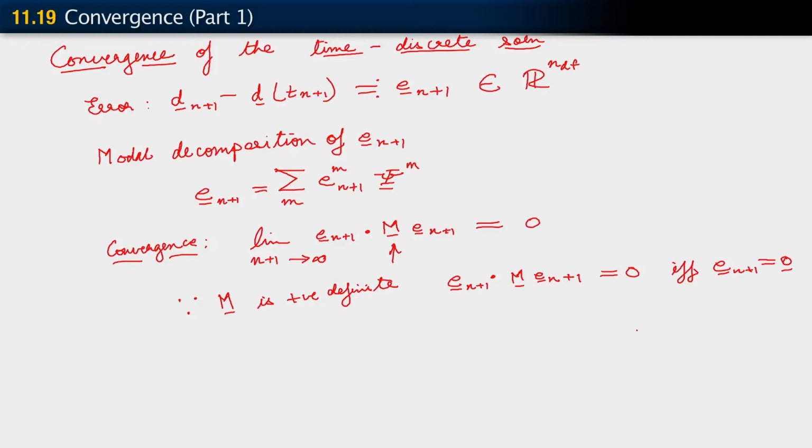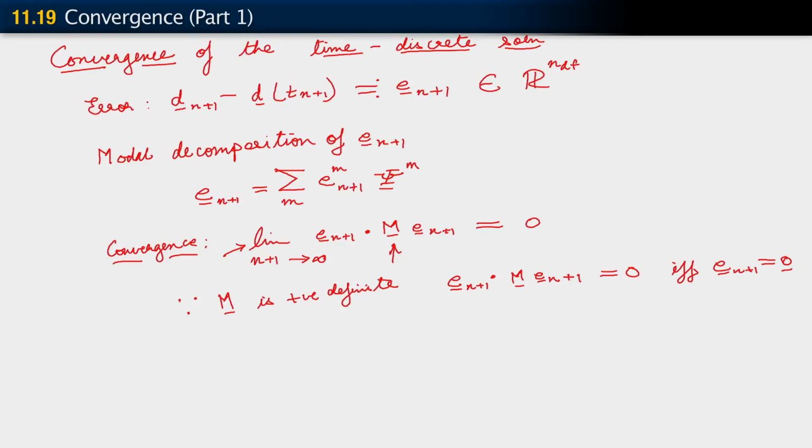It's only when that vector itself is equal to 0 that that quadratic product is equal to 0, since M is positive definite. And this is why, if this particular limit is tending to 0, it has to be that E n+1 itself is tending to 0. So this is why it's okay to consider this as our convergence criterion.